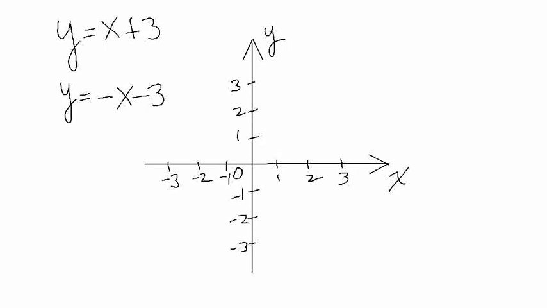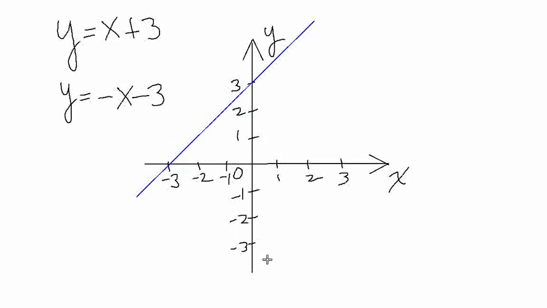All right, so y equals x plus 3 corresponds to a line with a y-intercept of 3 and a slope of 1. So that is the blue line that I just drew. y equals minus x minus 3 corresponds to a line with a y-intercept of minus 3 and a slope of minus 1.